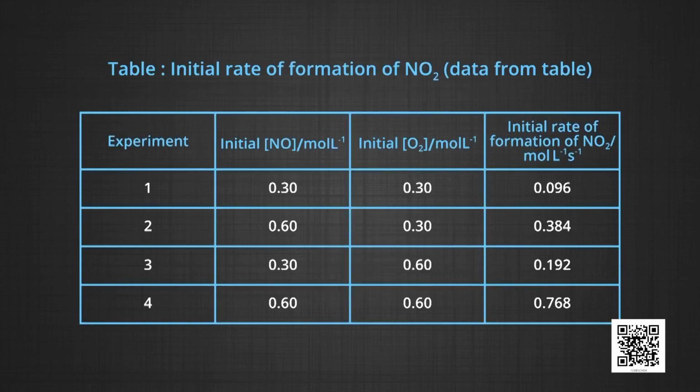The following results are obtained. Now, you can see from the table the initial rate of formation of nitrogen dioxide. The data is in front of you. Now, using this data, we are going to solve the problem and understand the concept.